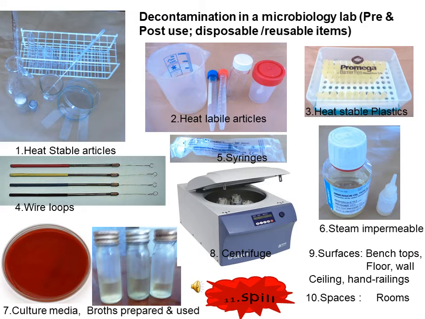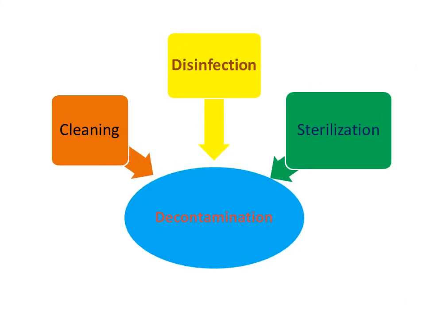Next, let's have a close look at things to be decontaminated in a microbiology laboratory, as it's our major concern here. Here also we see different types of instruments, equipment, surfaces and instances to be decontaminated. Next we see how we prevent or minimize contamination in laboratory.